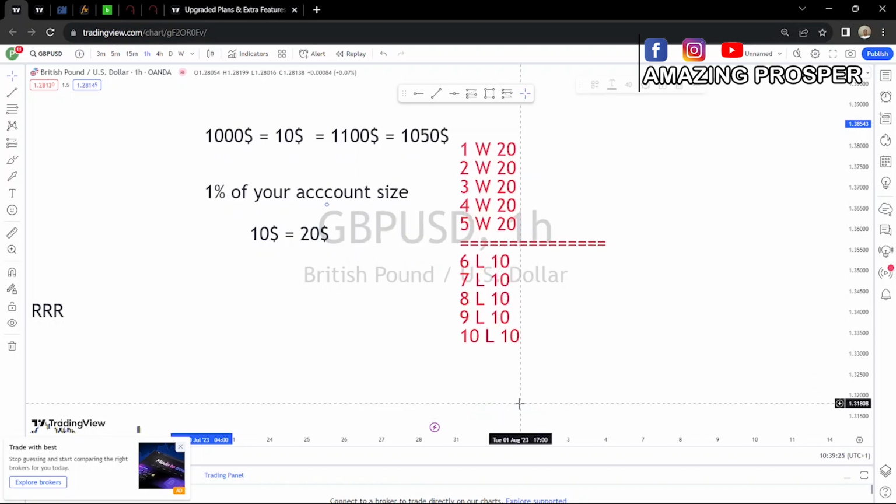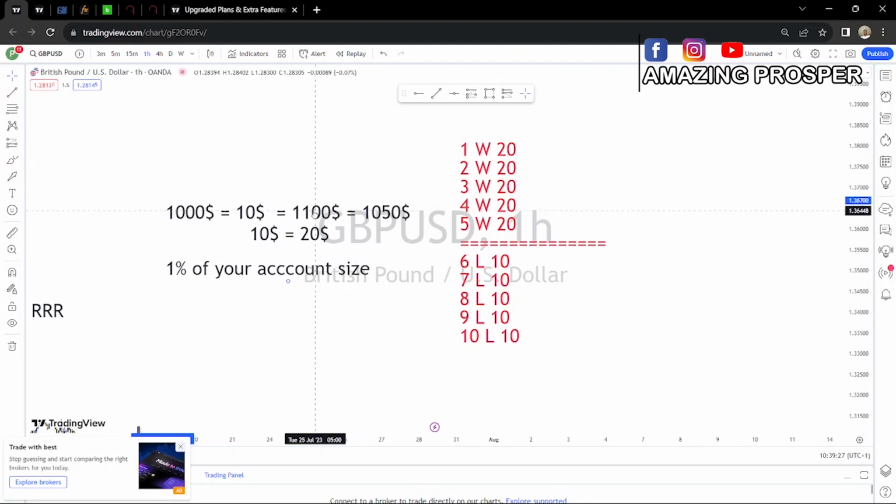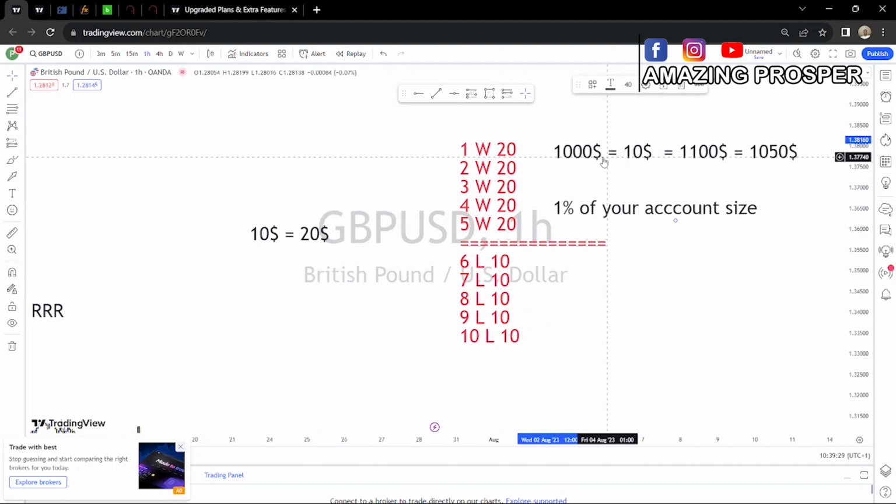Do you understand? You started with $1,000, risking $10 on each trade. Then you win 5 times, you have $1,100. Then you lose 5 times, you have $1,050. In a month, you are still in profit of about how many percent? About 5% of your account.